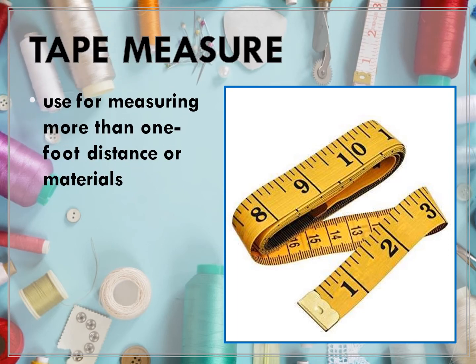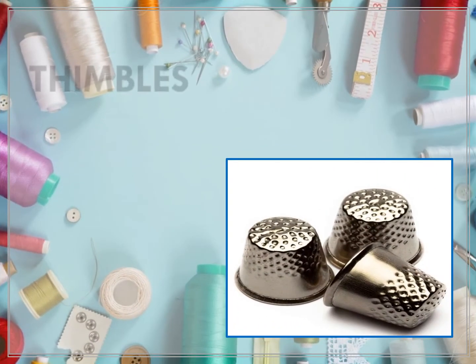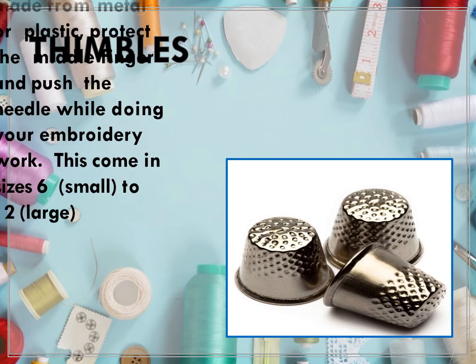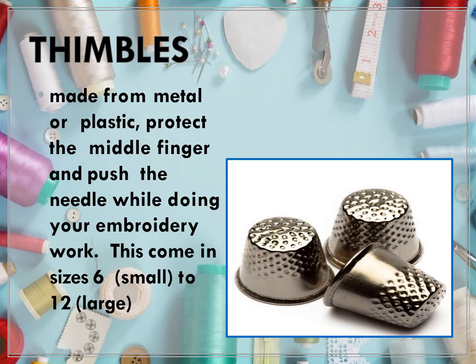Used for measuring more than 1 foot distance or materials. Thimbles. Made from metal or plastic. Protect the middle finger and push the needle while doing your embroidery work. These come in sizes from 6 small to 12 large.